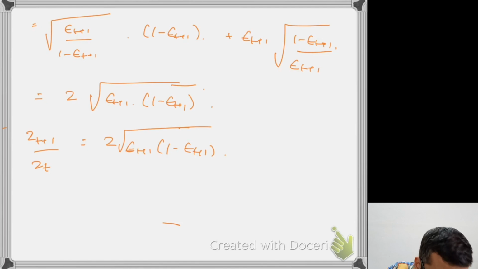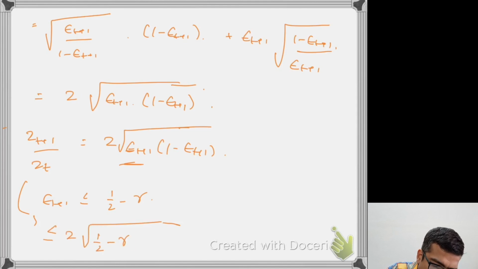Okay, and now I know that the error epsilon_{t+1} is upper bounded by half minus gamma. So if I look at this fraction, this is less than or equal to twice the square root of (half minus gamma) times (half plus gamma). Why is it so?